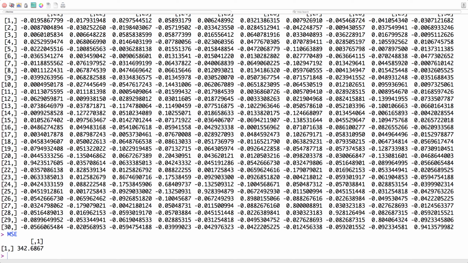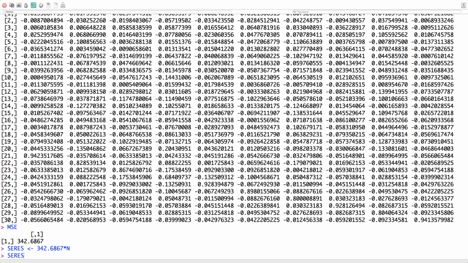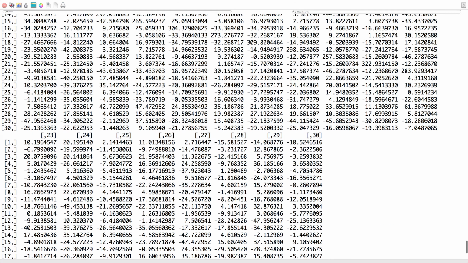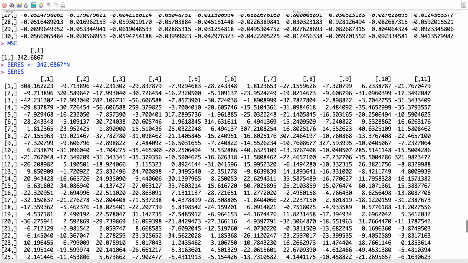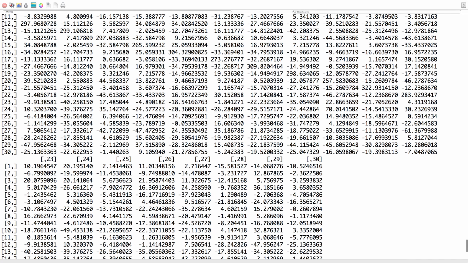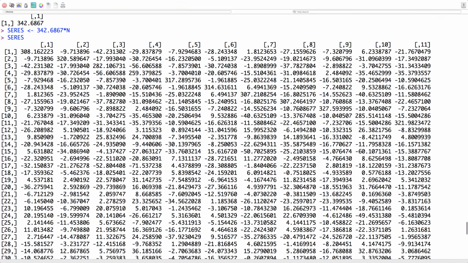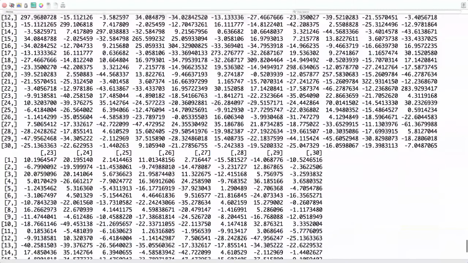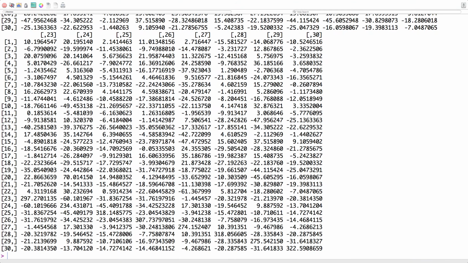So I'm going to do the standard error for the residuals, and I'm going to take 342.6867 and multiply it by what I call the n matrix. And we get the standard errors for the residuals. Okay.